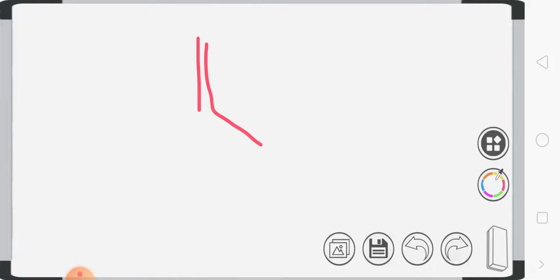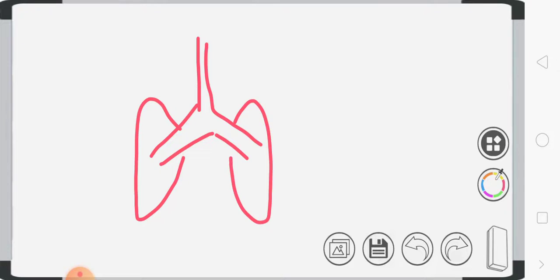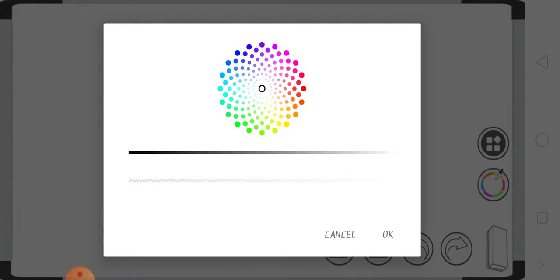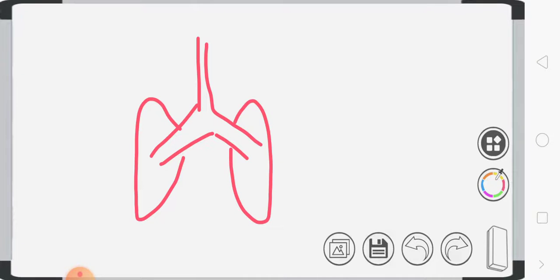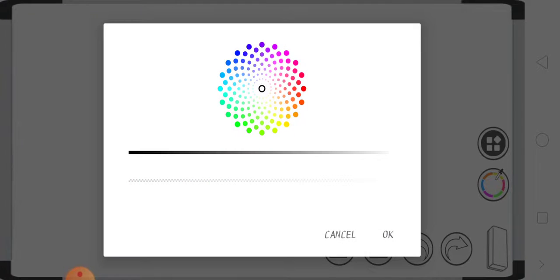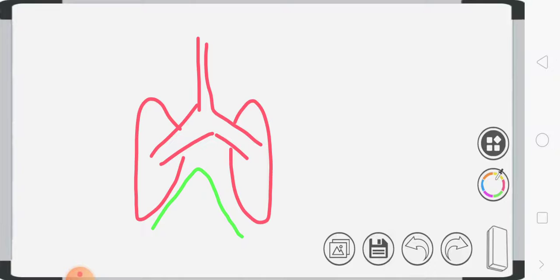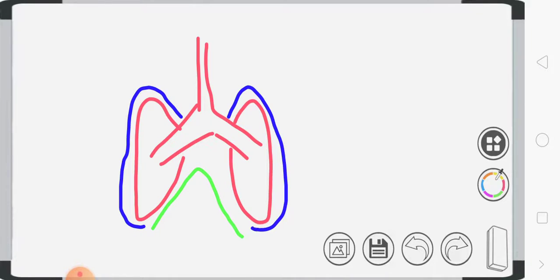You have the lungs, and you have the diaphragm, whose original shape is like a dome, and then you have the rib cage. Here you have the rib cage.